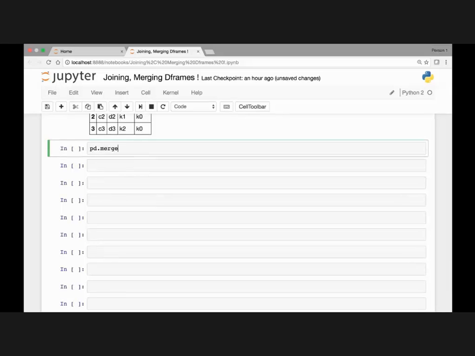So pd.merge will be merging the left and right data frames. How are we merging them? By passing right, and we'll be merging them on keys key 1 and key 2.